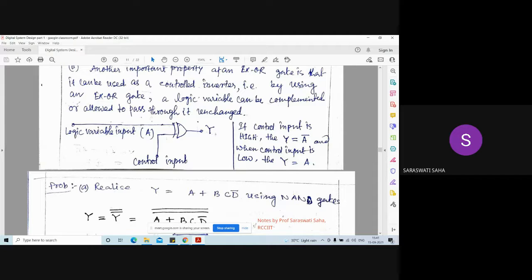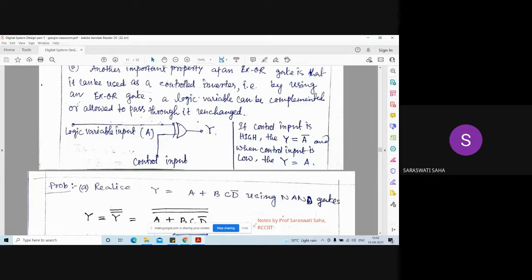If control input is high always, if we put this high, the complement of A. If we put this at high, I said at plus 5 volts, it always gives one input, logic 1. Then what will be the output?